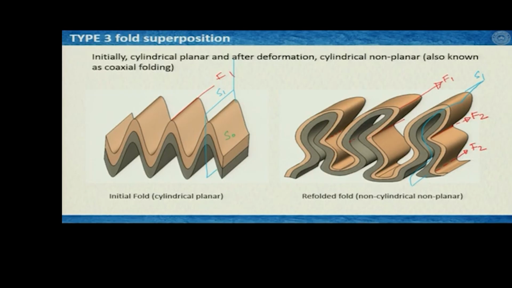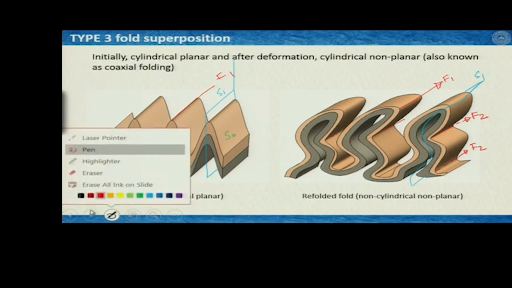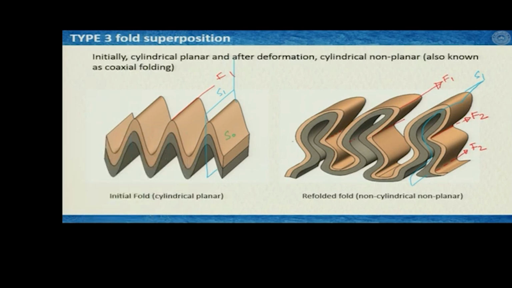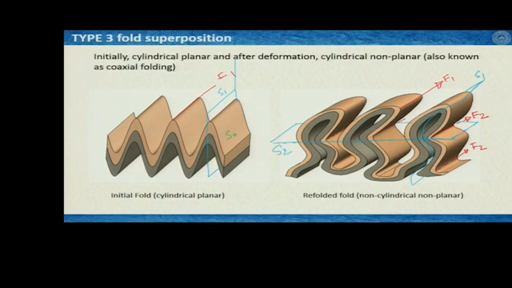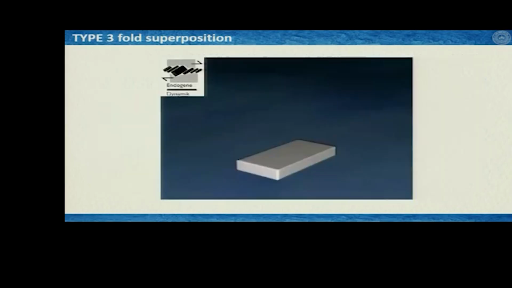Now where is the S2 here? You can figure out from these folds that S2 is lying something like this, and in this case S2 is very much straight. So this is how we develop the type 3 fold superposition, which is known as coaxial folding or cylindrical non-planar folds.